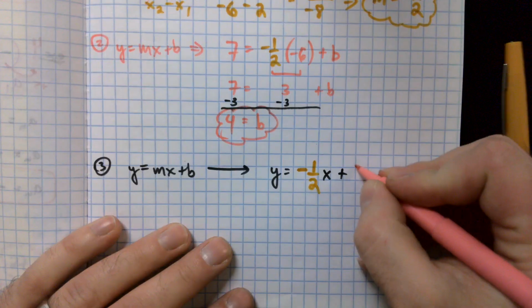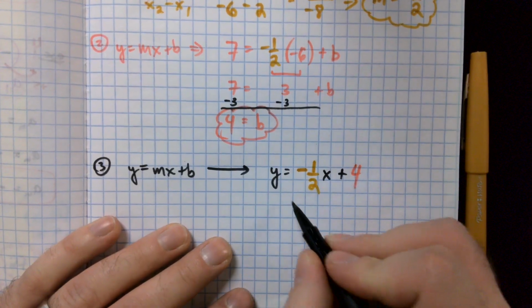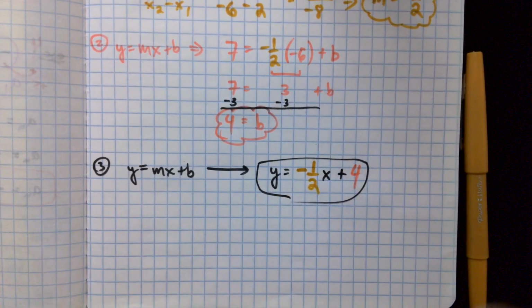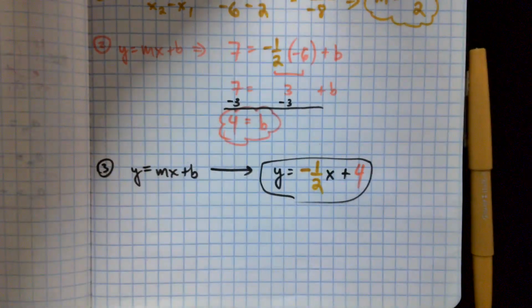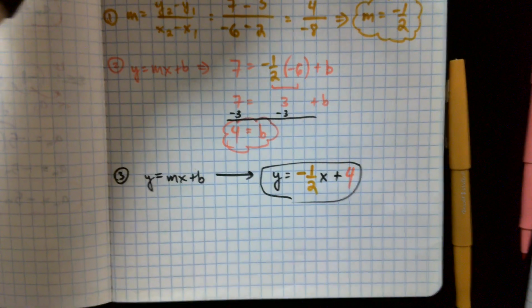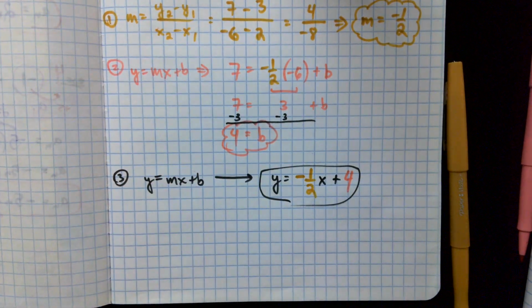You guys see what we did there? Right, we wrote the equation. We had the m, we found the b. All we had to do is plug them in for m and b to write the equation. Sound good? Yeah. Pretty easy, right?